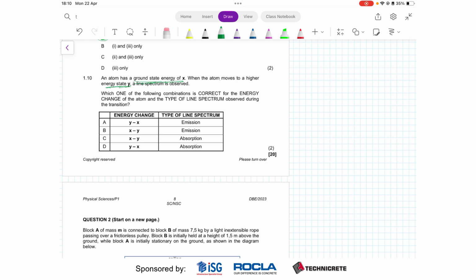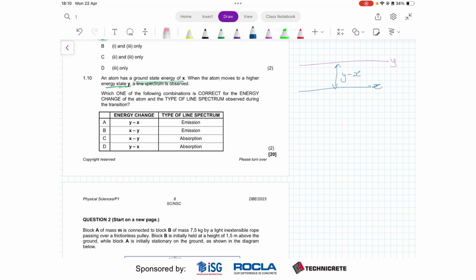When the atom moves to a higher energy state Y, so you have the ground state, which is X, you have a higher energy state Y, and the distance between them is Y minus X. Okay, so which one of the following combinations is correct for the energy change of the atom and the type of line spectrum observed during the transition?